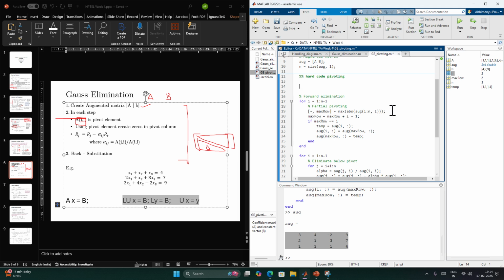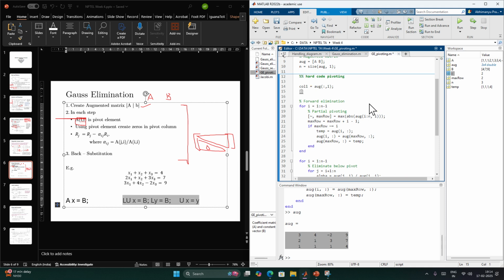So first we will take the first column, sorry, of the augmented matrix, and we'll calculate the max of this. So val and index max of column one. Okay.